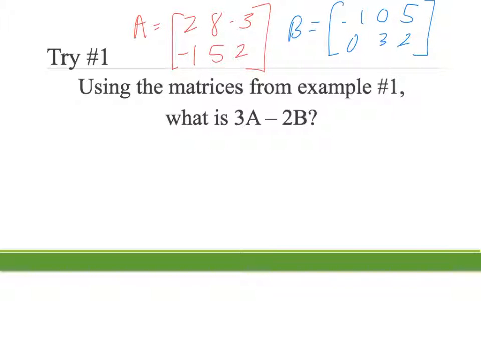All right, so to multiply 3A, we multiply 3 times every element of A, so 3 times 2 is 6, 3 times 8 is 24, 3 times negative 3 is negative 9, 3 times negative 1 is negative 3, 3 times 5 is 15, and 3 times 2 is 6.